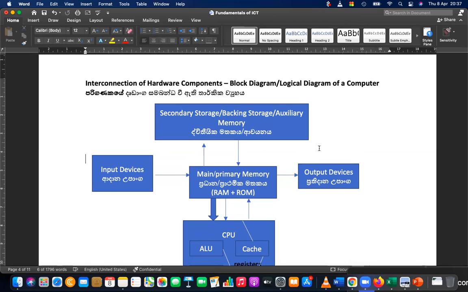Yeah. Okay, so this is called secondary storage, backend storage, auxiliary memory. All these names are given for hard disk, CDs, DVDs, pen drive, right? So all these names are given to that.